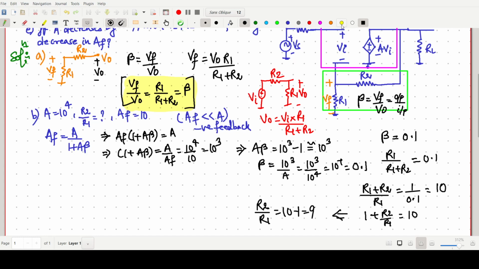So this one is the value of R2 by R1. It is very simple, 10 minus 1, 9.